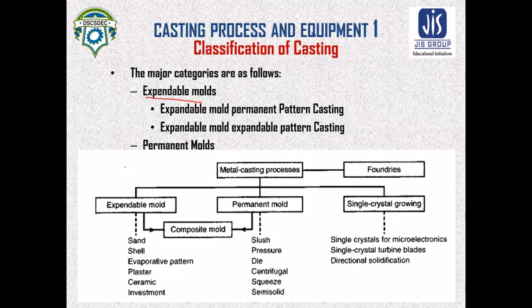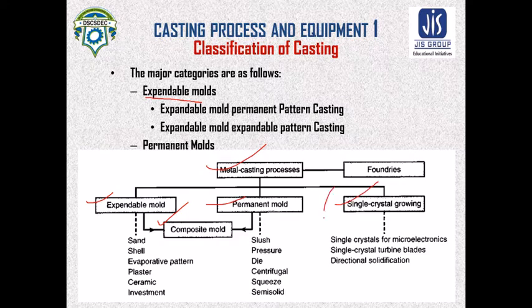This is a broad classification of metal casting processes. In metal casting there are three types: first is expandable mold casting, second is permanent mold casting, and third is a mix and match of these two types, that is composite mold casting. Another classification is single crystal growing.